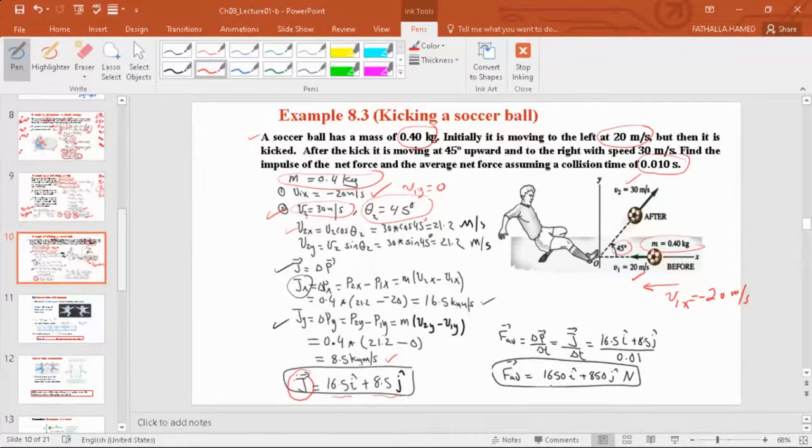This will give you 1,650 i hat plus 850 j hat, and of course the units are in vectors. Of course you can get the magnitude here, and you can also get the direction as well if you like. But this is to remind you that momentum is a vector. So you can deal with it in 2 dimensions. In the case of 2 dimensions, you really have to take the components, and you do the same for the impulse. Is this clear? Any question on this?